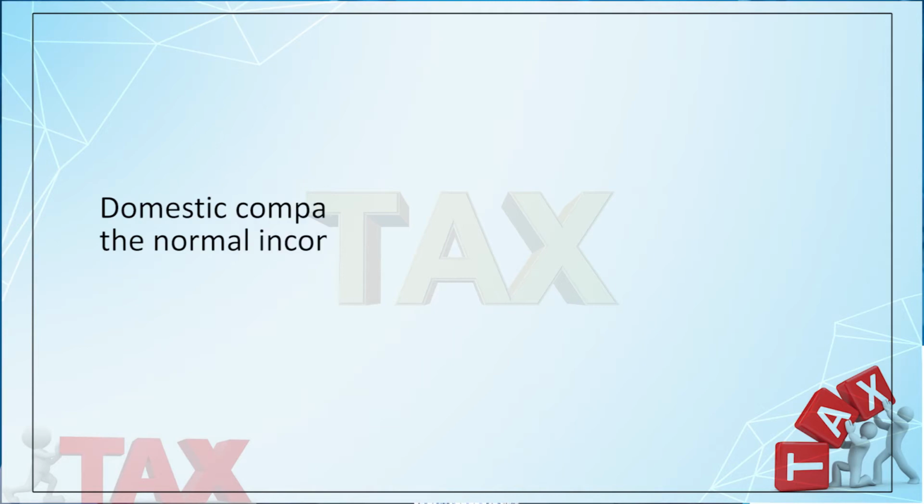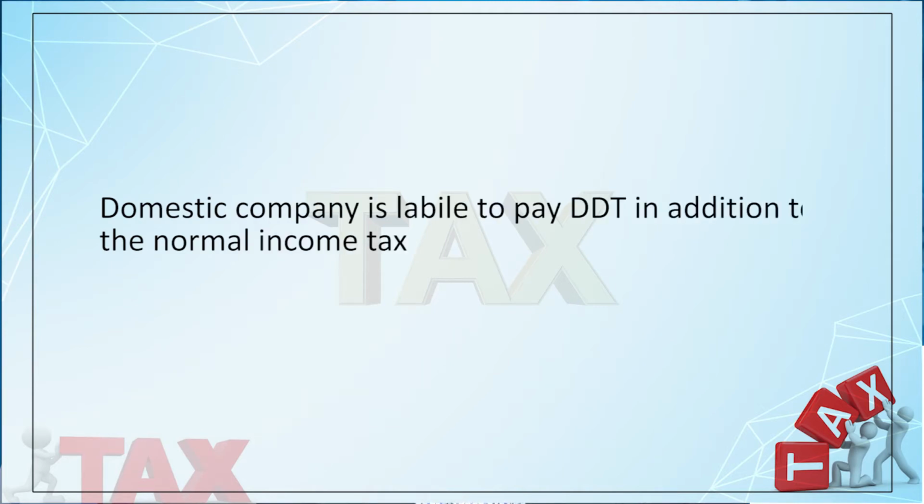So, the company is bound to pay the tax on its normal income as well as the tax on dividend distributed by it to its shareholders. So, the company pays 2 types of tax: the normal income tax and the dividend distribution tax, if it pays the dividend to its shareholders for a particular financial year.